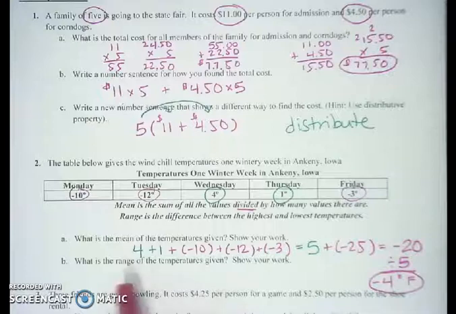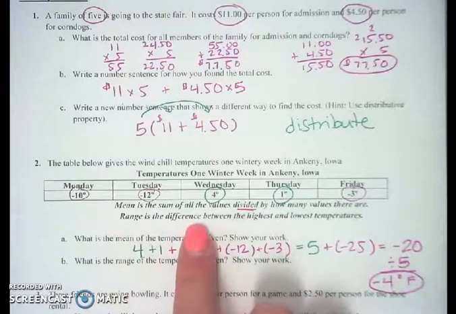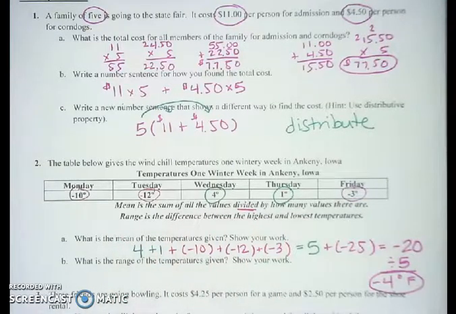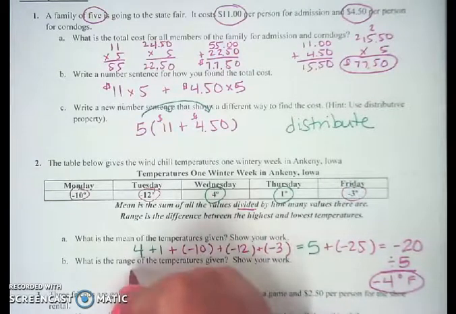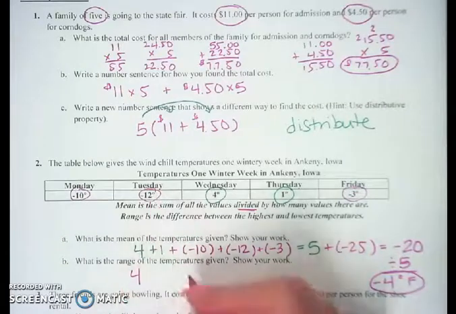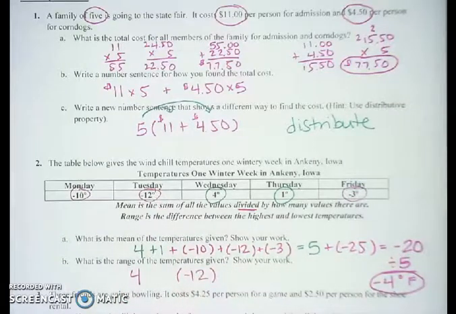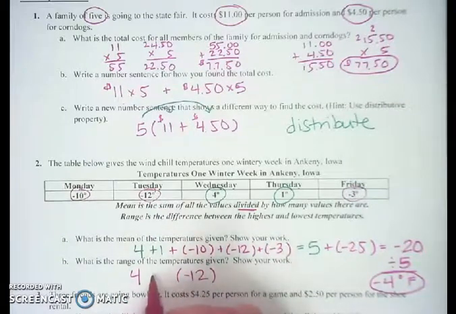Okay. The other one says the range of the temperatures given. Well, in our definition, it says the range is the difference between the highest and lowest. Difference means subtract. So my highest number on the list was 4, and my lowest number on the list was -12. Okay, when I'm trying to find the difference, I subtract them.